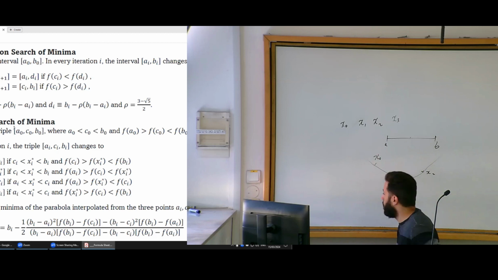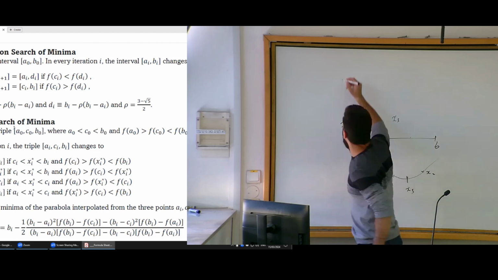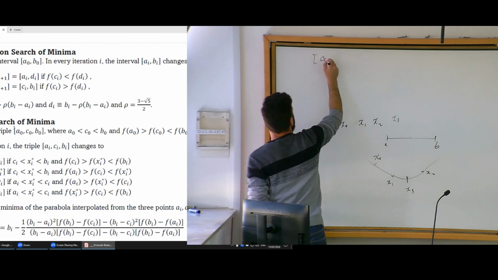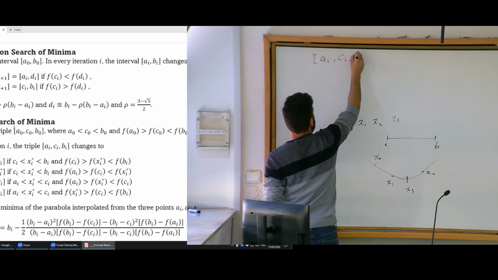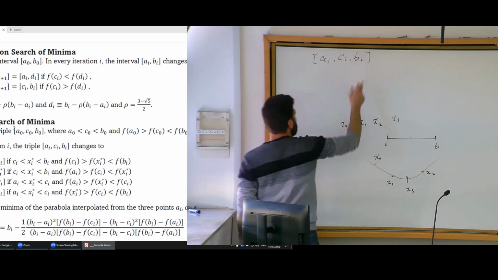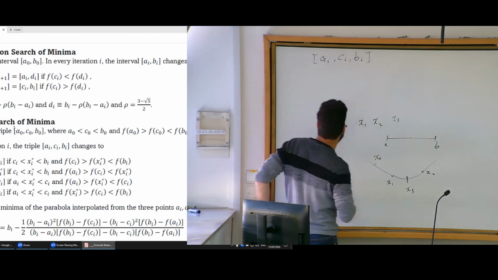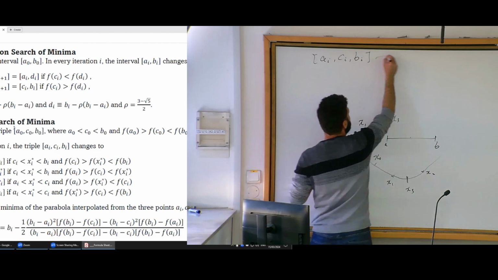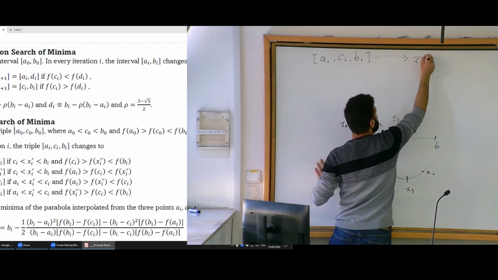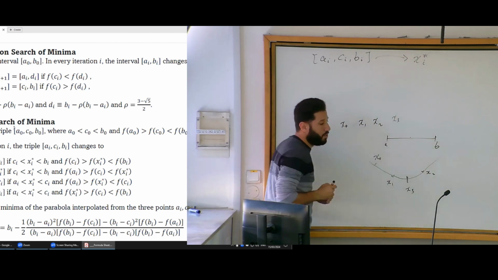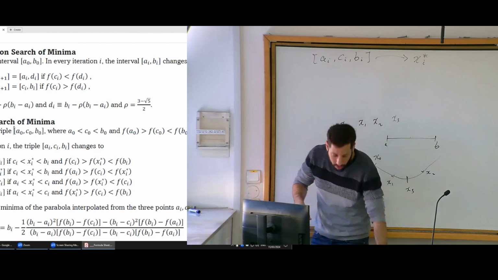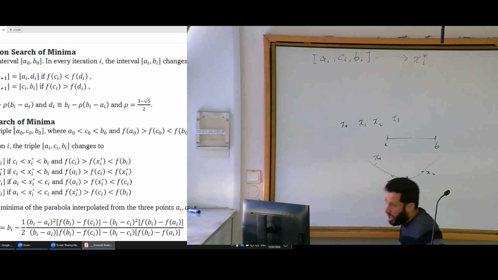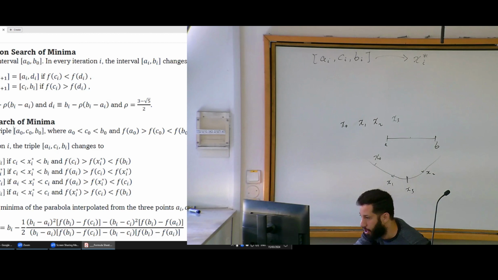And in each step I have AI, CI, and BI, so C0, for example, is A0 plus B0 over 2. In each step, I will calculate from this the X star I, which is the extrema of the interpolated parabola from these 3 points. So that is the XI.